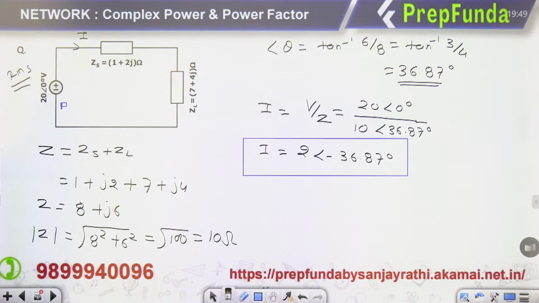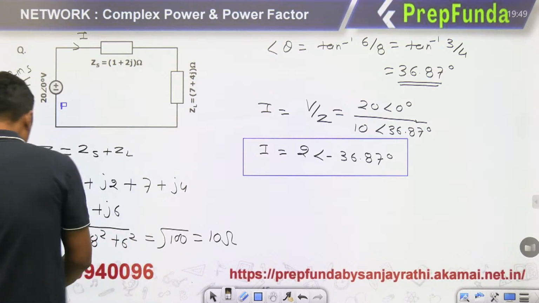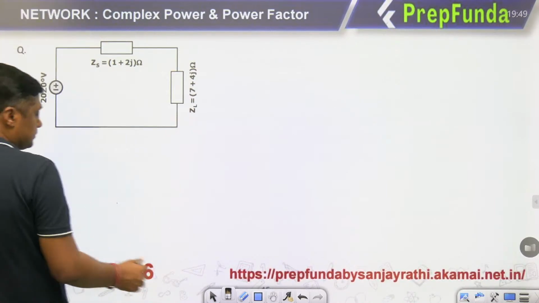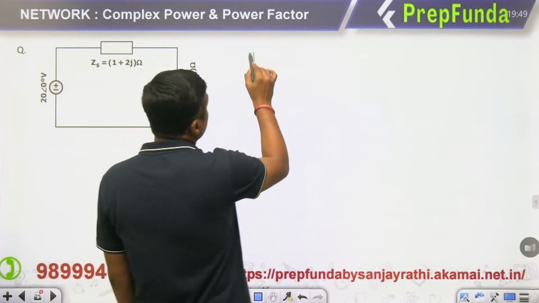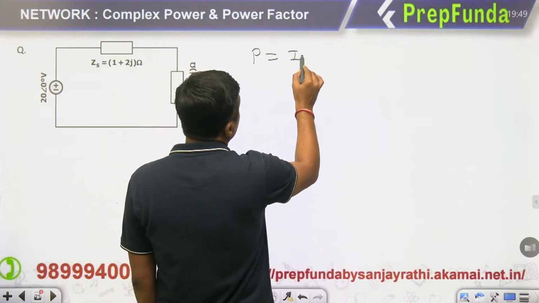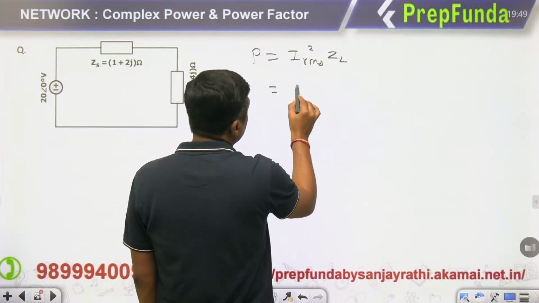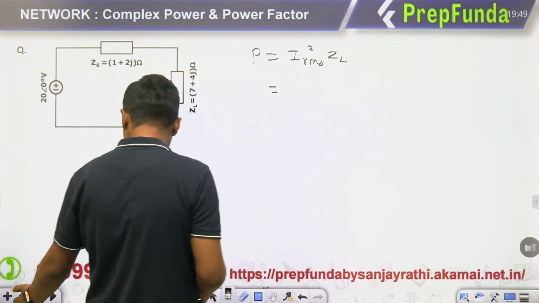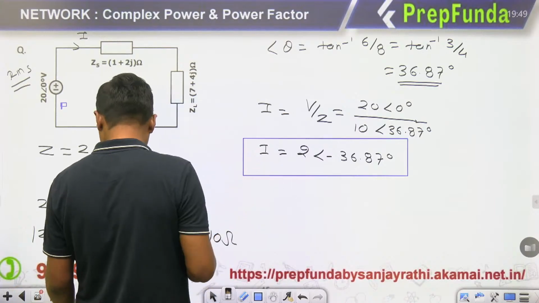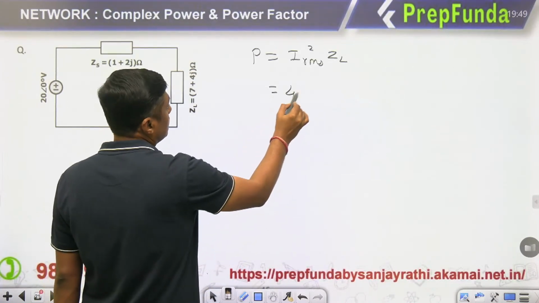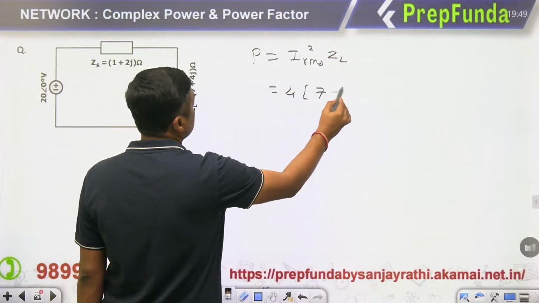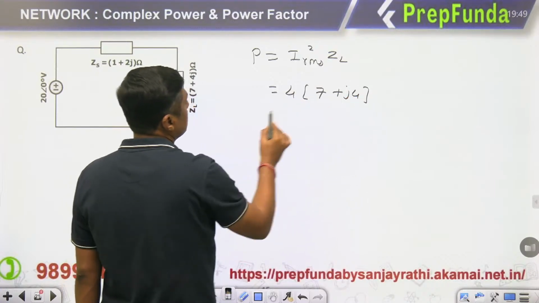Now power. What is the square of this? 4. What is the ZL? J4.